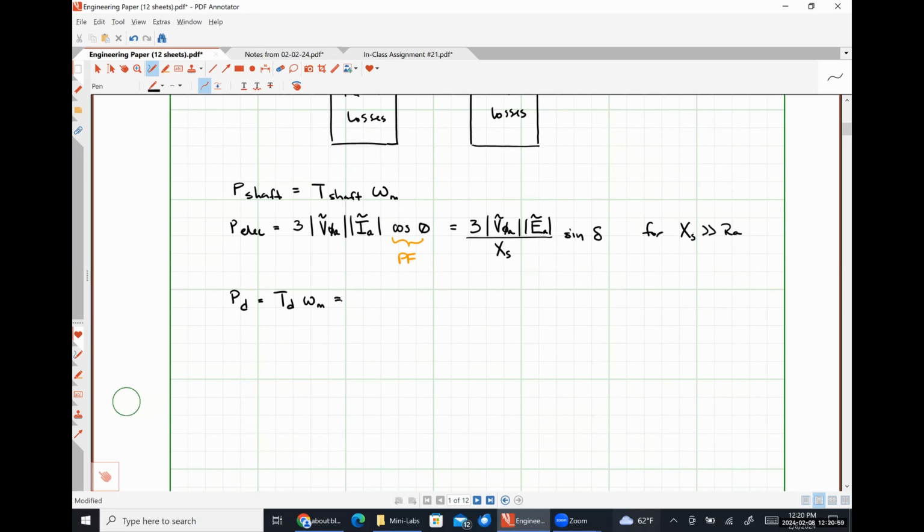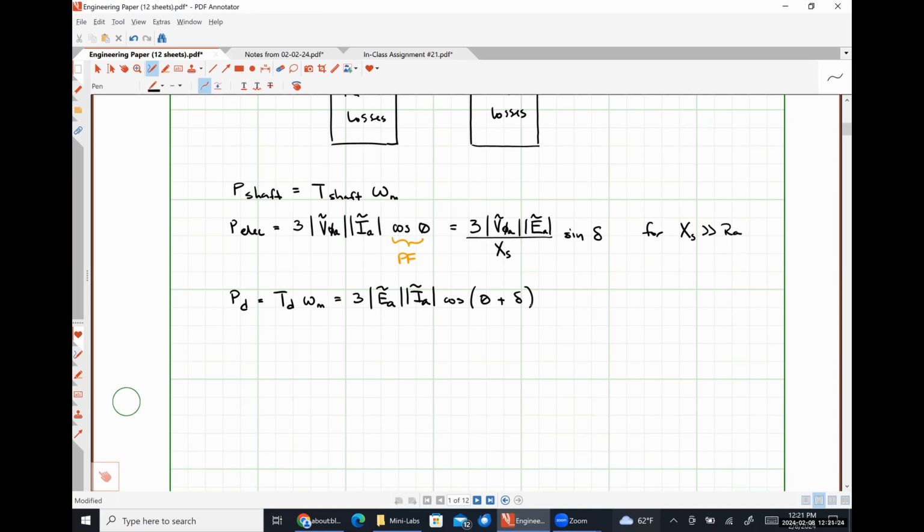And this is going to be the same thing as 3 times the magnitude of EA times the magnitude of IA cosine the angle theta plus the angle delta.